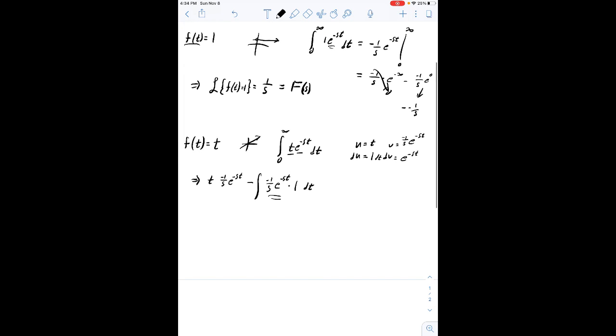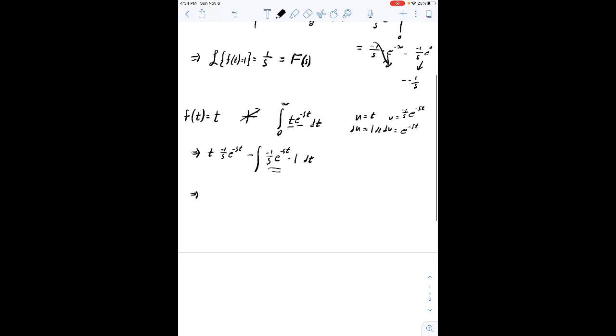This integral is, again, relatively simple. So we get negative t over s e to the negative st, plus, because we can change the minus to a plus, e to the negative st all over negative s squared. And then we evaluate this from 0 to infinity.